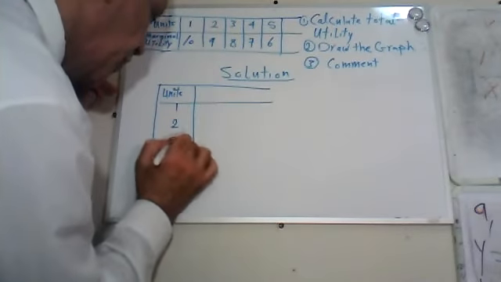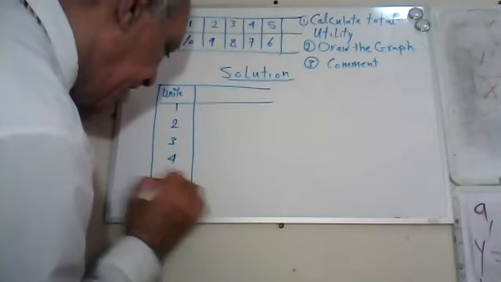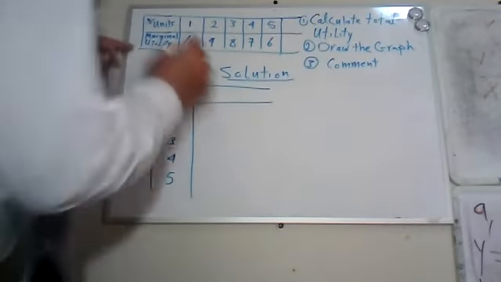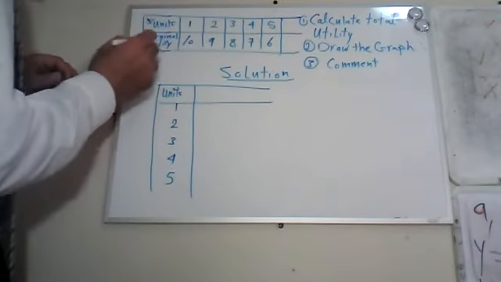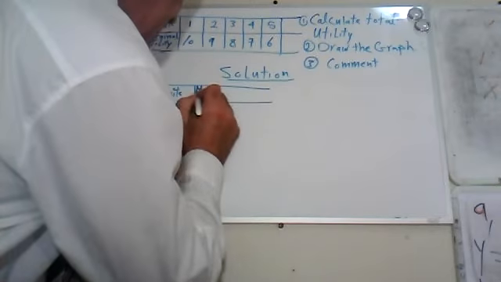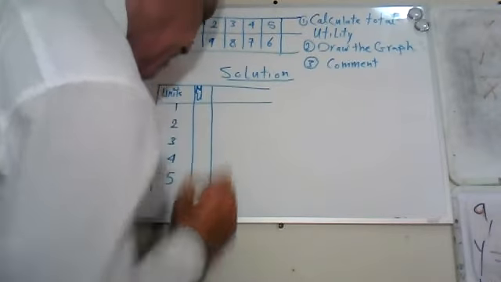And here we go, the second, the marginal utility. I will use M for marginal and U for utility, so MU means marginal utility.